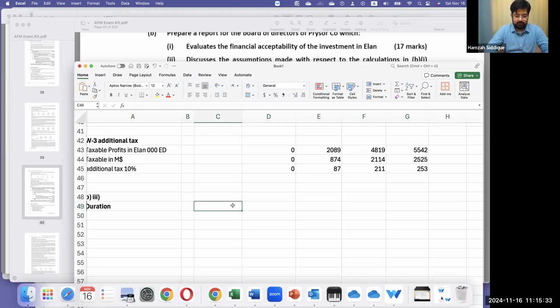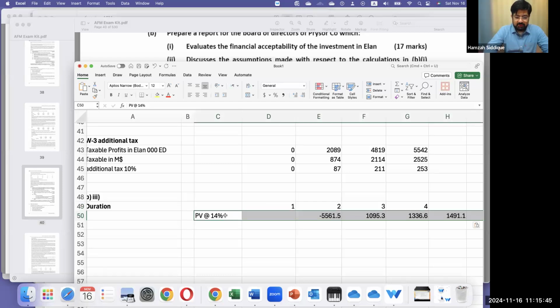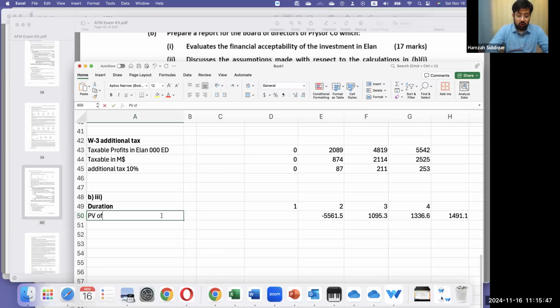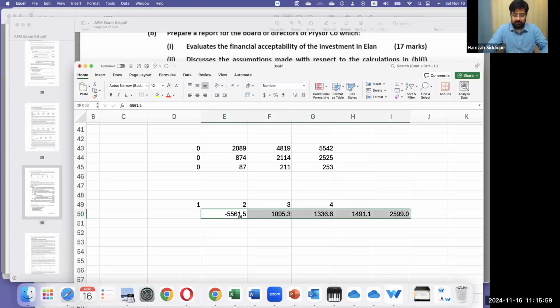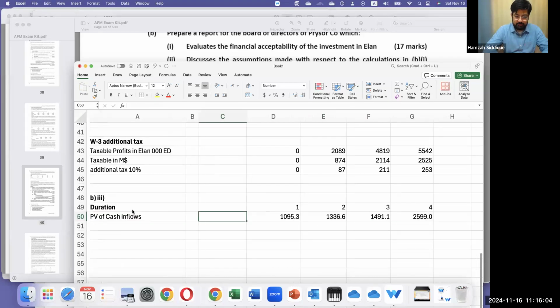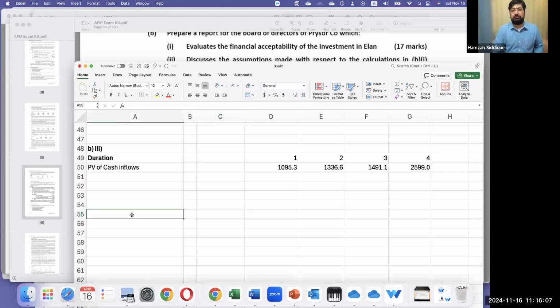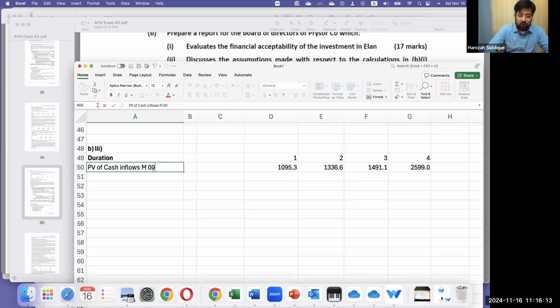Year 1, 2, 3, and 4. This is the present value of cash inflows. And this is in Multic dollar, 3-digit round off.